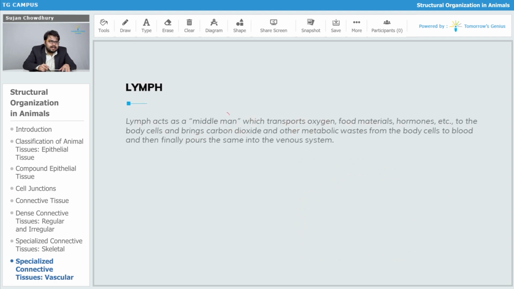Lymph acts as a middleman. Please remember this. In exams, many times they ask you, what is the middleman of the body? Options are given. You have to select the lymph, which transports oxygen, food materials, hormones, etc. to the body cells and brings carbon dioxide and other metabolic wastes from the body cells to blood, and then finally pours the same into the venous system.